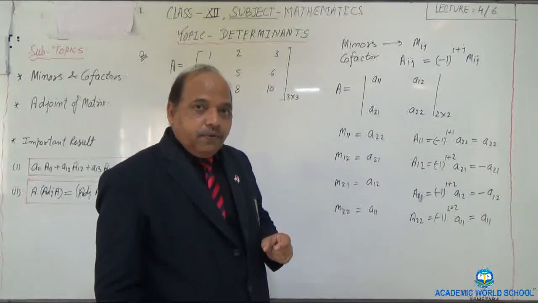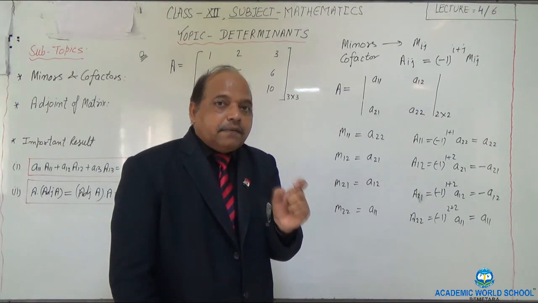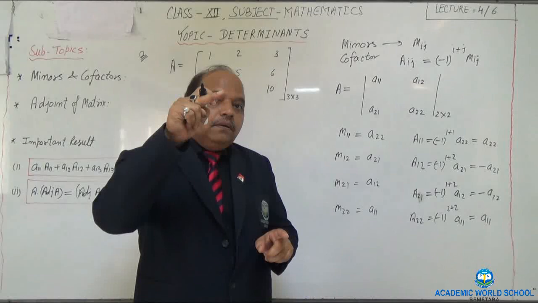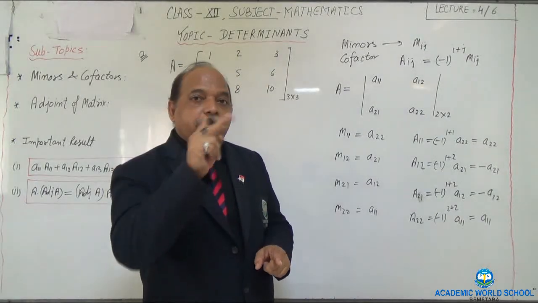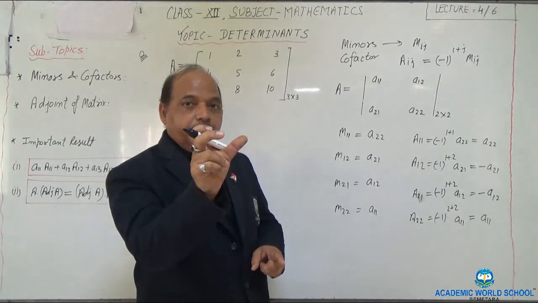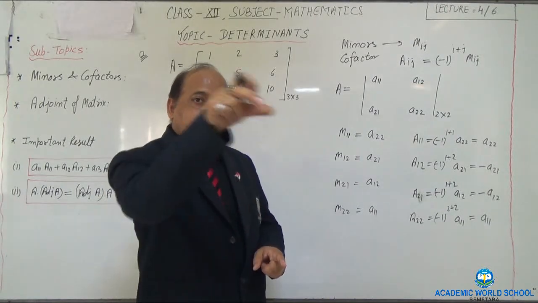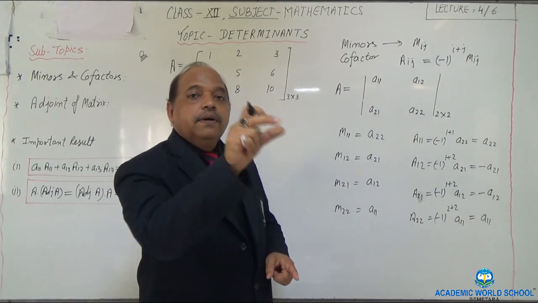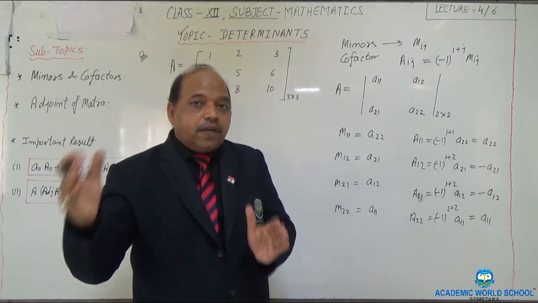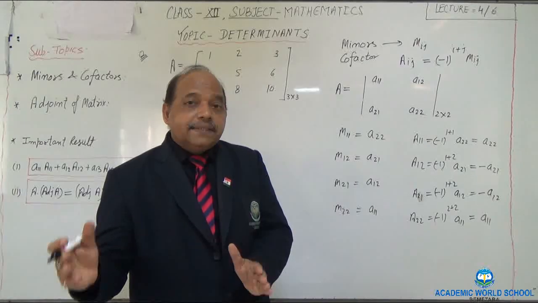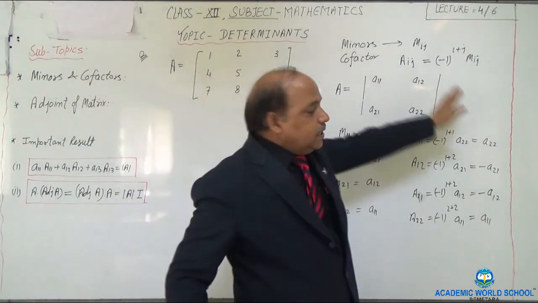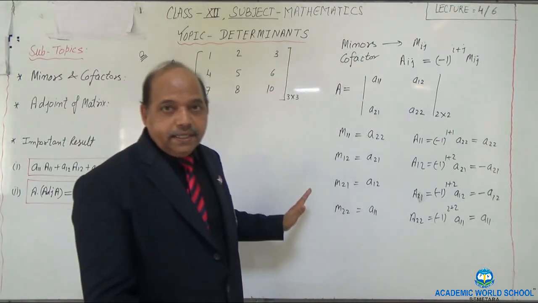And if we multiply that minor by minus 1 to the power i plus j, where i is the number of row and j is the number of column, then whatever you get is called the cofactor of that element. So this is the way we calculate it.